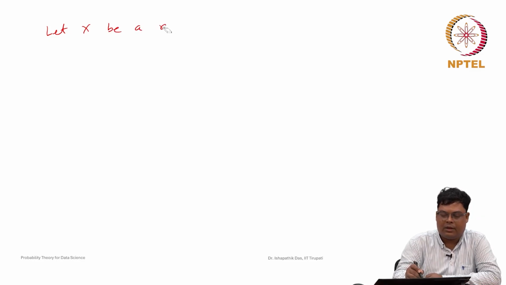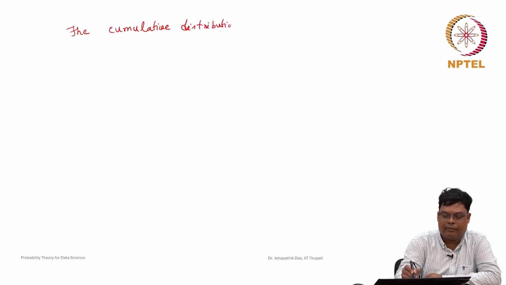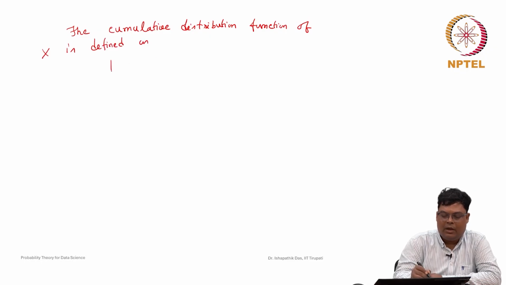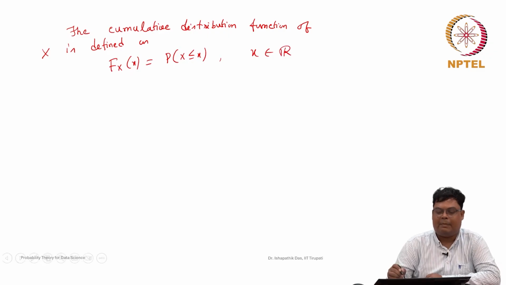Recall that the cumulative distribution function of a univariate random variable X is defined as F of x, nothing but the probability that X is less than or equal to x, for x belonging to the real numbers.